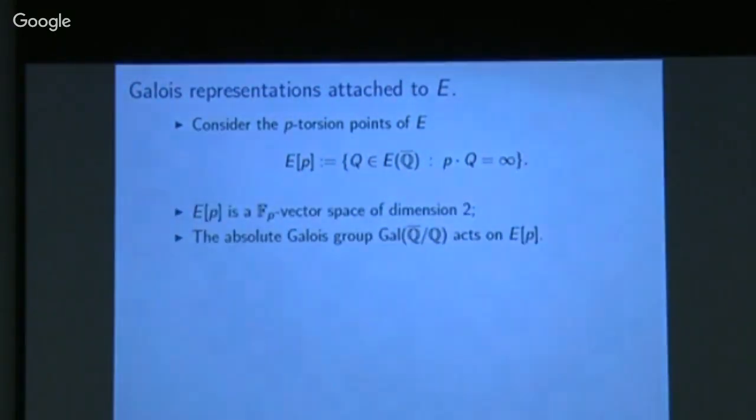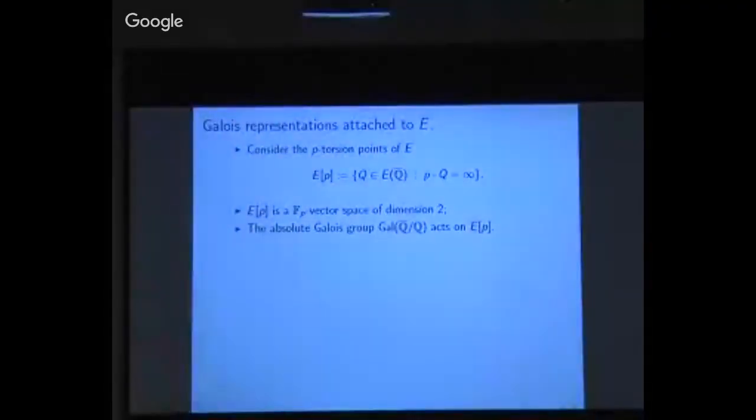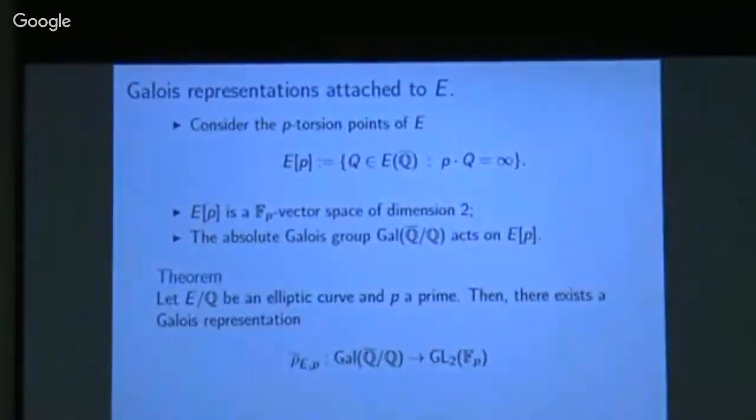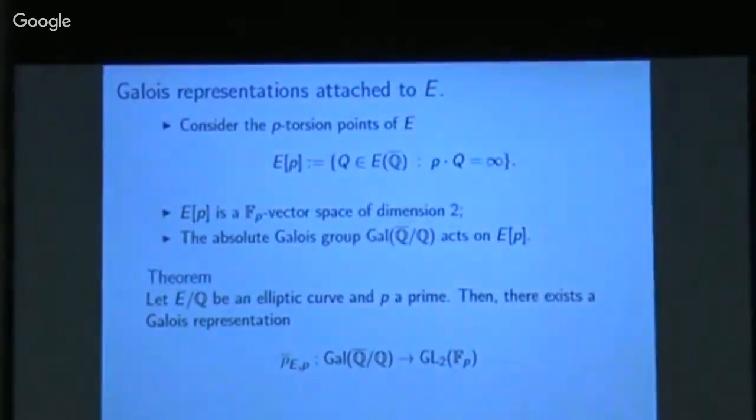One can show that this set of points forms an F_P vector space of dimension 2. So F_P is the finite field of P elements. And we can also show that the absolute Galois group acts on these points. The absolute Galois group is the group of automorphisms of Q bar that fix the base field Q. So this group will permute the points of P-torsion. And from this action, we obtain a Galois representation.